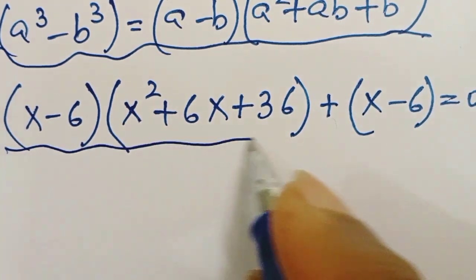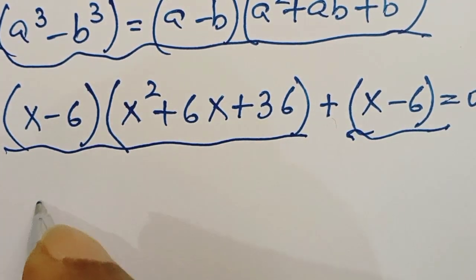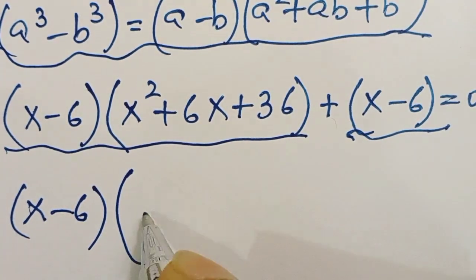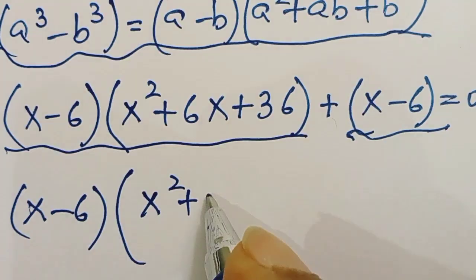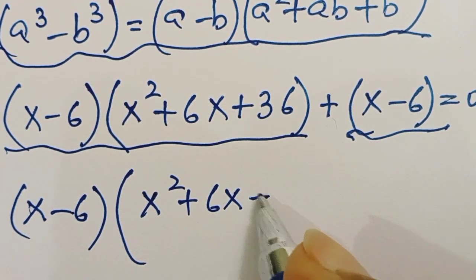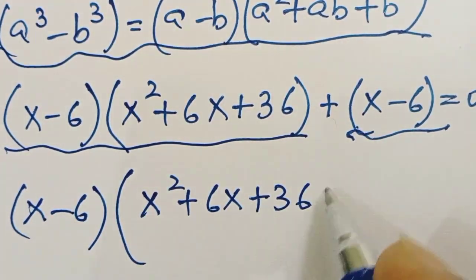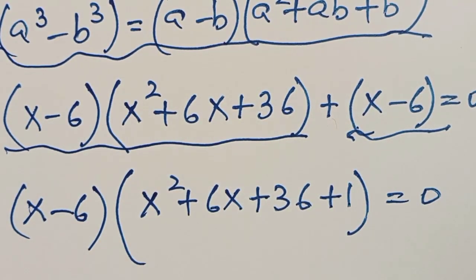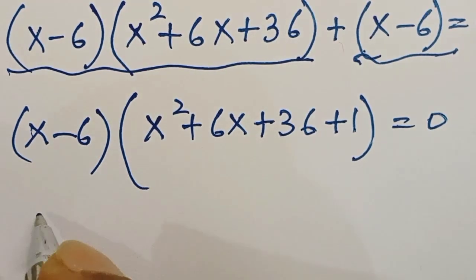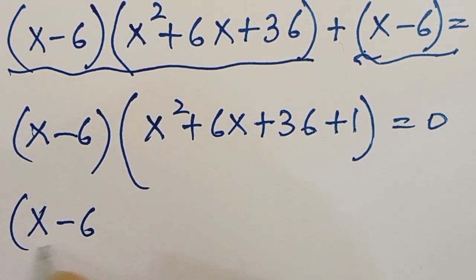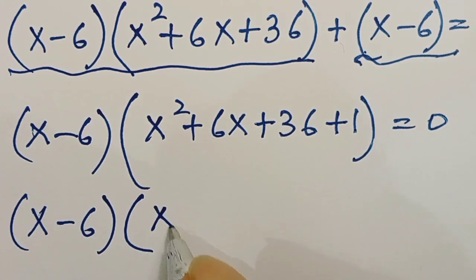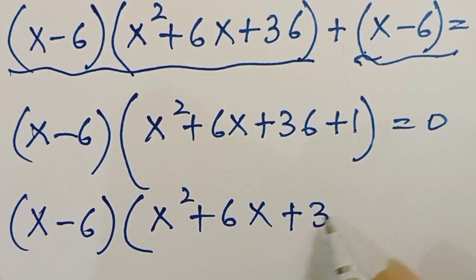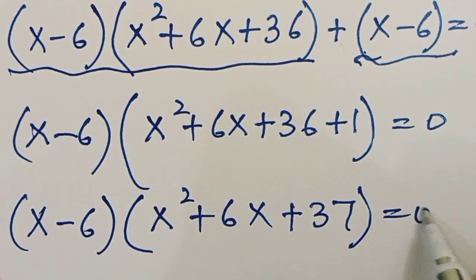So here the two terms have x minus 6 common: x minus 6, x square plus 6x plus 36, this will be plus 1, is equal to 0. x minus 6, x square plus 6x plus 37 is equal to 0.